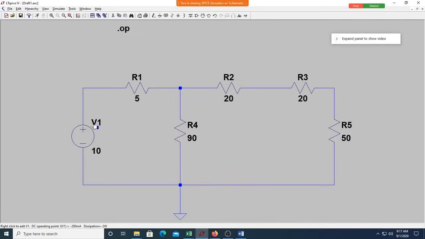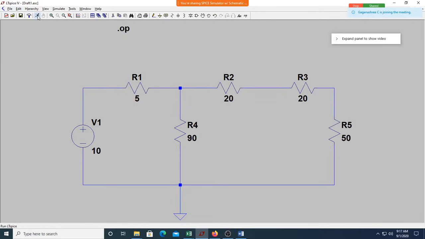We always consider the current that is leaving this voltage source, that's our conventional current. But the simulator always considers the current going into this positive terminal. So that's why our expectation is exactly negative to the simulator calculation.